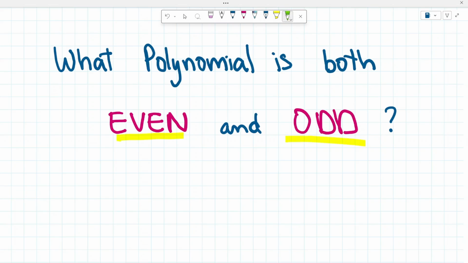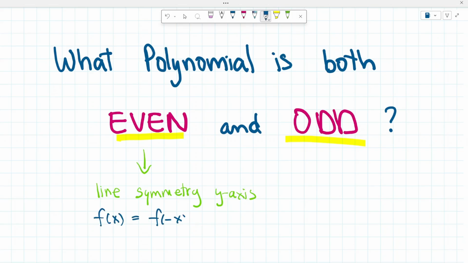So before we dive into that, let's briefly talk about what it means to be an even or odd function. An even function is going to have line symmetry about the y-axis. And we can prove this algebraically by doing f of x equals f of negative x.